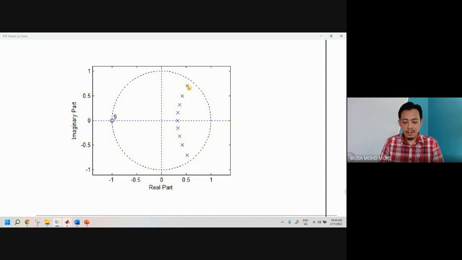The first 4 have conjugate pairs. So this is the first conjugate pair, the second conjugate pair, the third and the fourth. Because this is 9, we have 1 pole which doesn't have any conjugate pair because it is exactly on the real axis. So there is no imaginary value on this pole. So that's our 9.